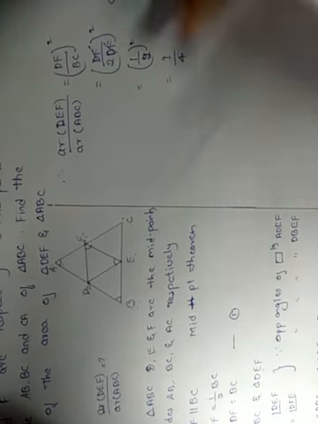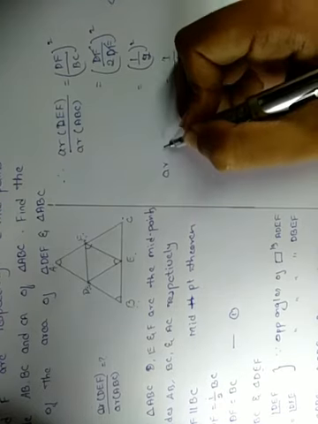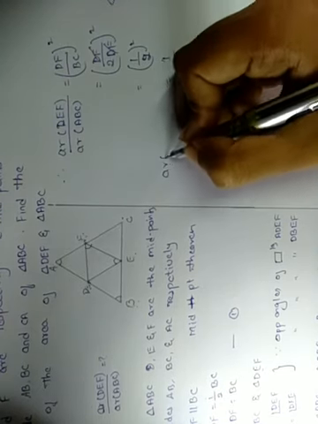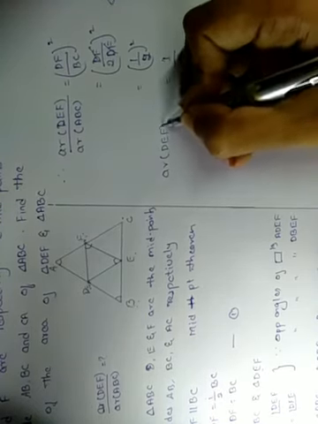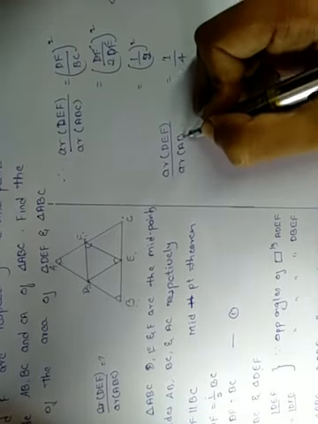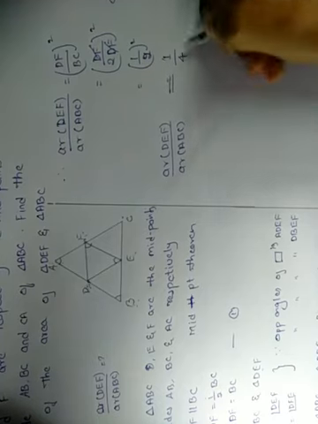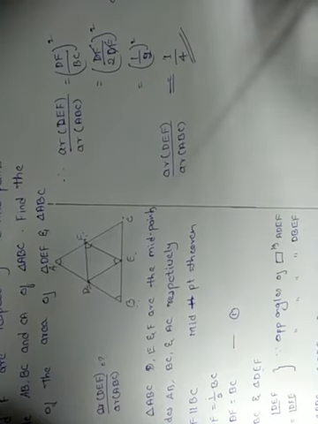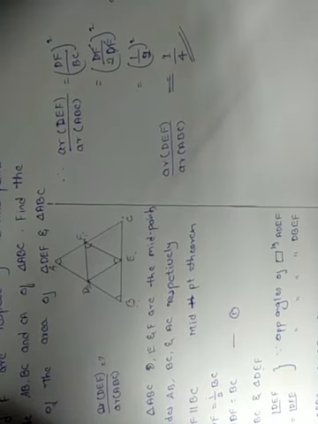Hence we got the ratio of the areas of triangle DEF and triangle ABC equal to 1 divided by 4, right? Okay, this completes the fifth problem.